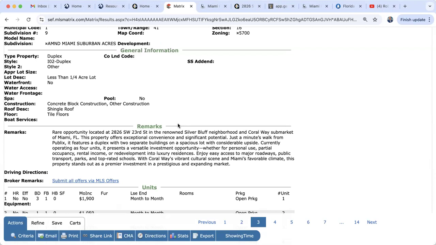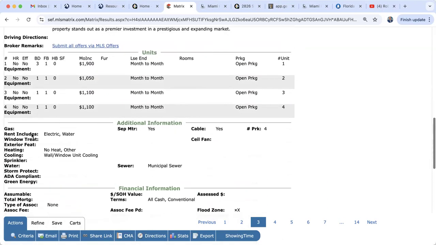But in a property like this, where it seems it's been chopped up a little bit, there's not going to be 4 electrical meters. So we're gonna pay for electricity, water, everything. You see here, rent includes electric and water.